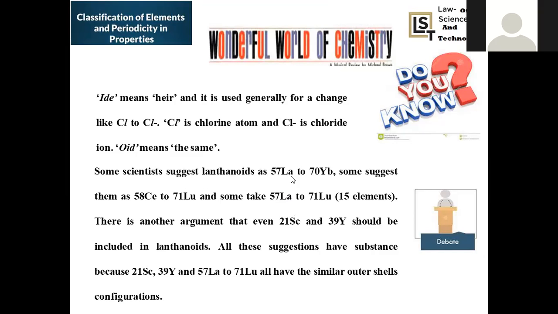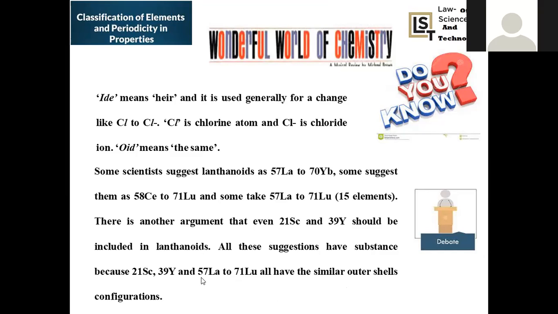Based on that, one conception is that lanthanum to ytterbium, these elements should be incorporated in the main periodic table. And one more assumption is that scandium and yttrium should be present in the lanthanides, because there is more relevance with these. All these suggestions have substance, because scandium, yttrium, lanthanum to lutetium have similar outer shell configuration.